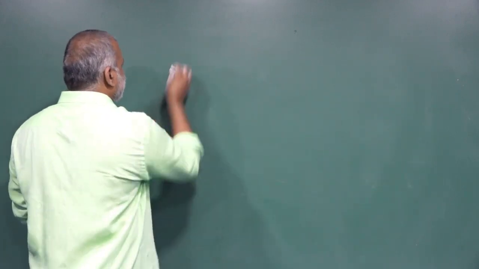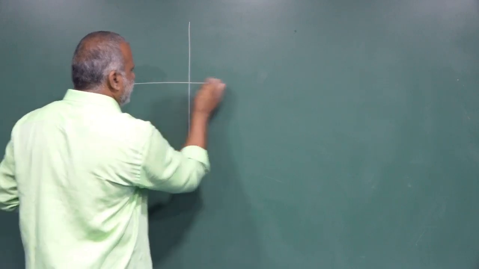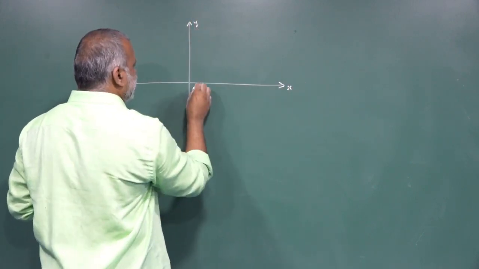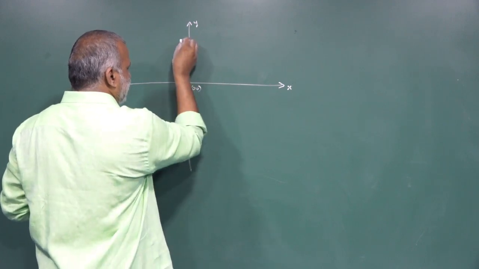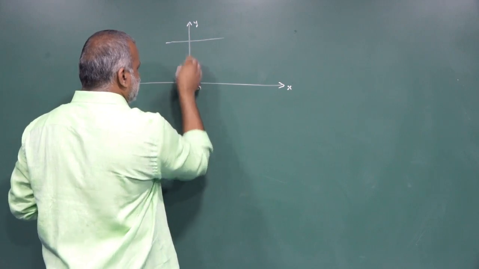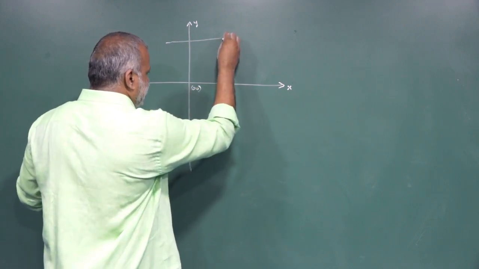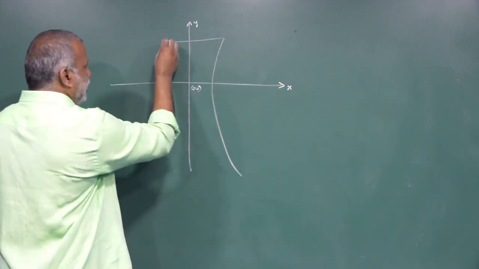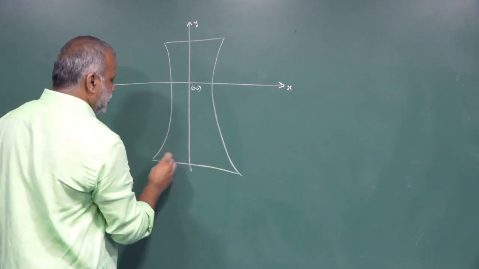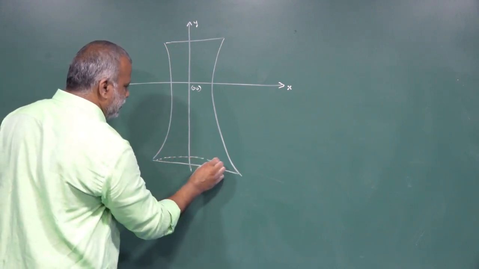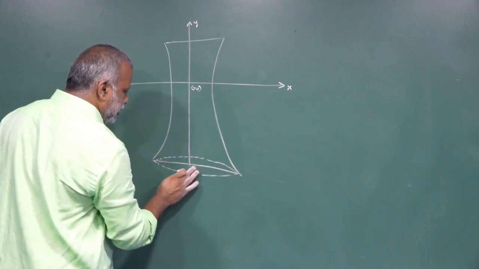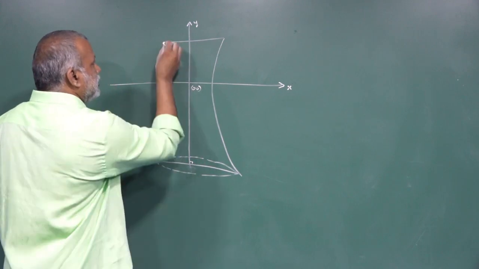Now I am drawing the x-axis and y-axis. The center must be 0, 0. From this I can select this distance. After that I am drawing a hyperbola here. Now I am taking, this is the bottom. This is the top.